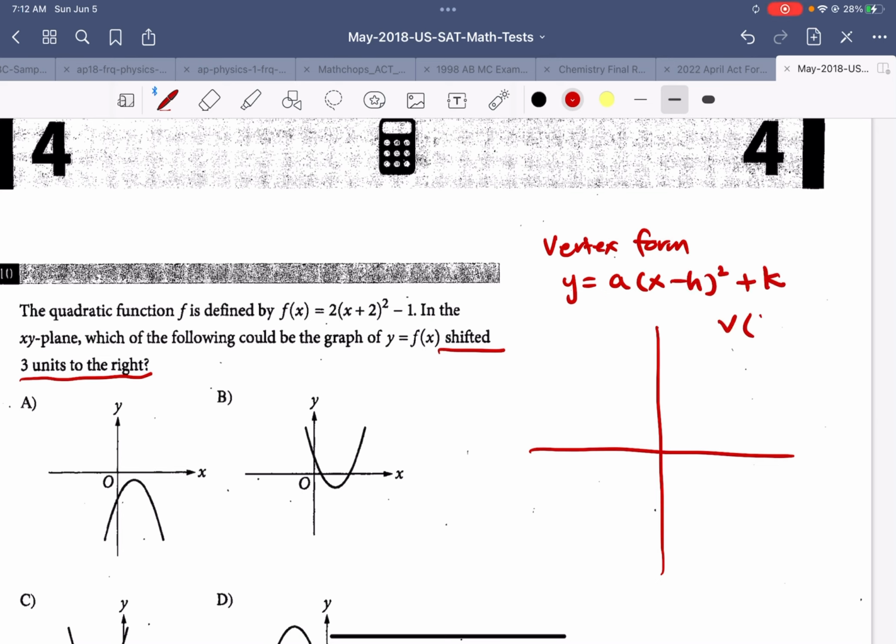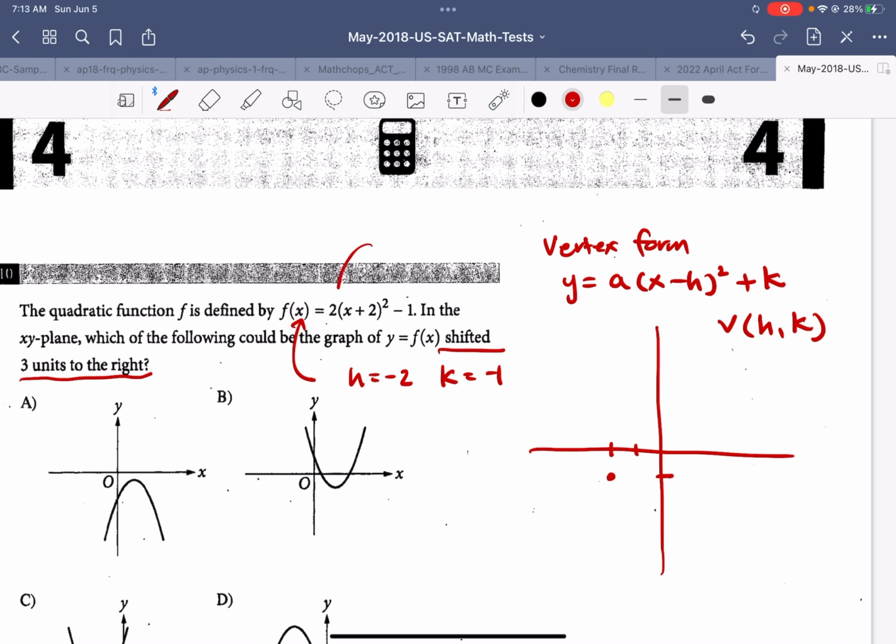So vertex is h and k. So in this problem, h is -2, k is -1. So when you mark it on the xy coordinate, -2, -1, right here, that's the location of the vertex.